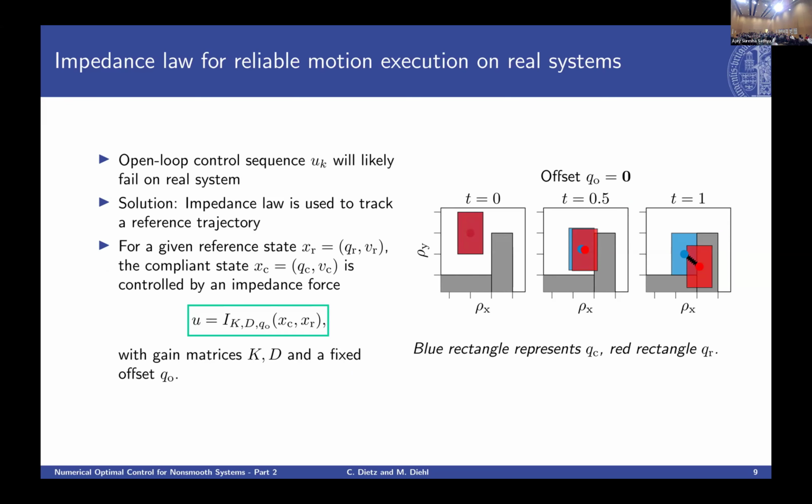And basically now, if we have a reference trajectory, the control applied to what we call compliant trajectories, so the trajectories that also have physics simulation, the control input for these trajectories is computed based on the position of the reference trajectory. Okay, and then in the green box, the impedance law is a function of the reference state and the compliant state. We get a control force for the compliant state.